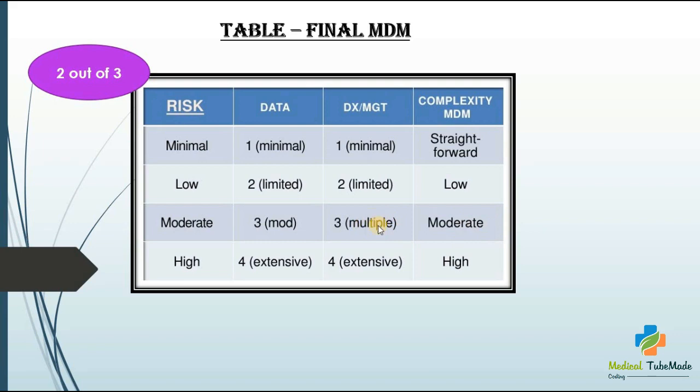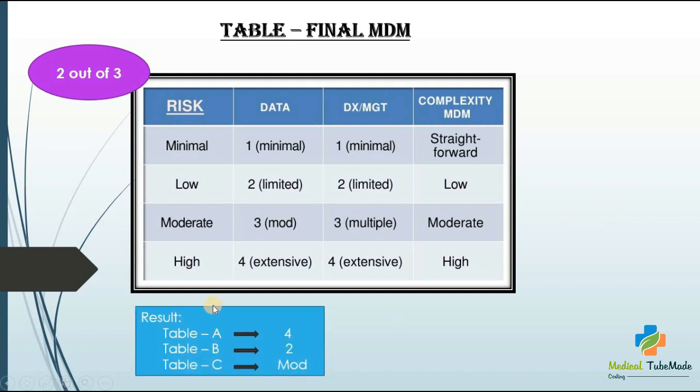Then moderate, 3 points in table A, 3 points in table B and moderate risk in table C. And then for high, 4 points in table A, 4 points in table B and risk table high. So like that guys, on the basis of these three tables we have to decide. Here I will show you one example.